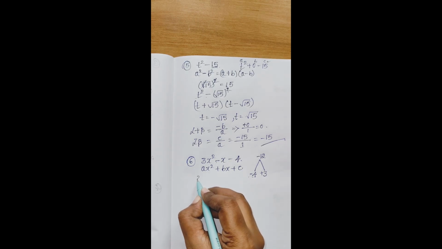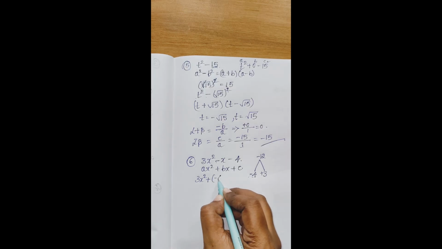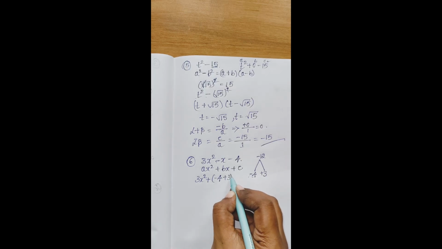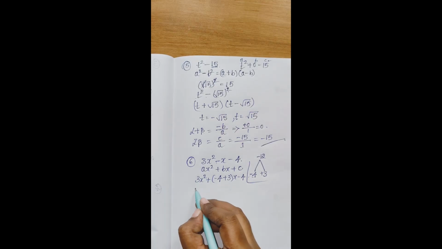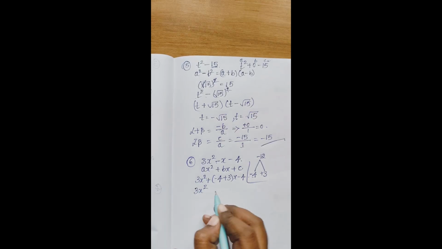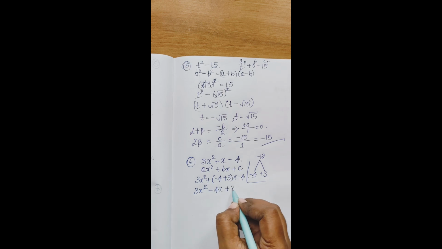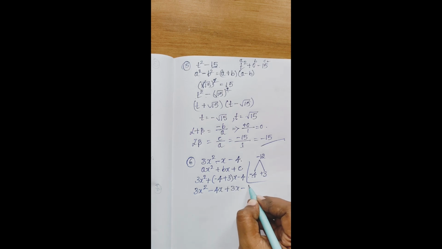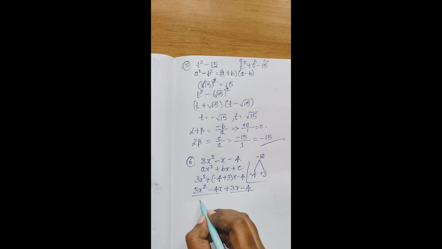Then 3x square plus minus 4 plus 3 into x minus 4. Next 3x square minus 4x plus 3x minus 4. Then take common: 3x square minus 4x, what is common?